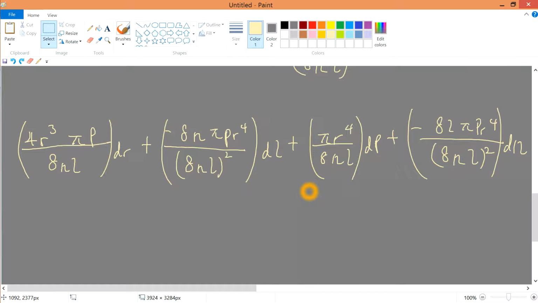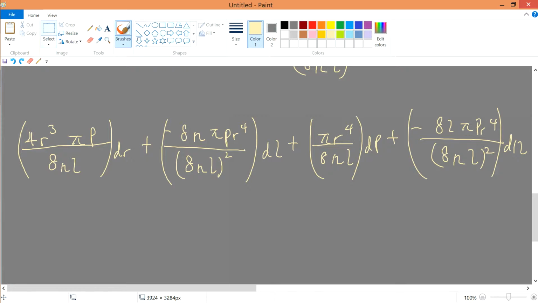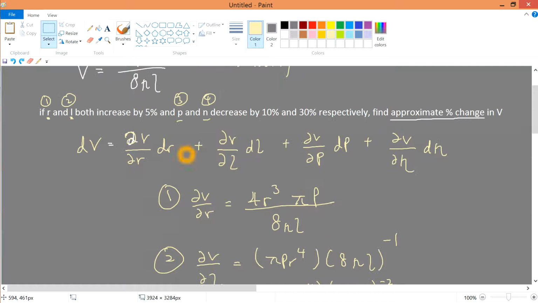So now, how do you find the percentage? Normally the percentage is taking something that has changed, this is a symbol for change, divided by its initial value. I call this v in this case. So something that has changed already, which is this one, dv is equal to the one that we have just shown earlier.